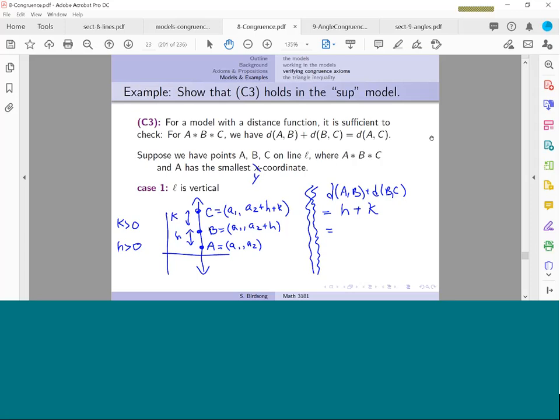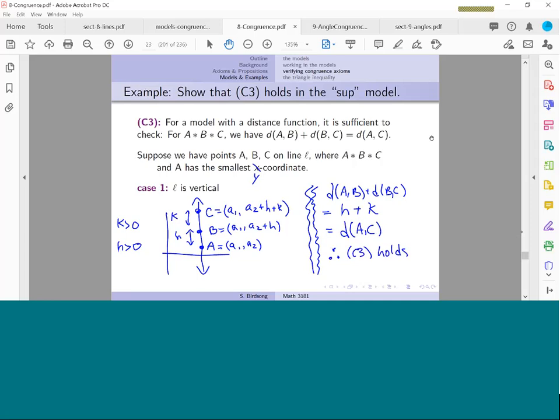It is. So I'm going to go ahead and finish our little string of equations, and say, yep, we totally got the distance between A and C. And our conclusion right here would be that C3 holds in the soup model.